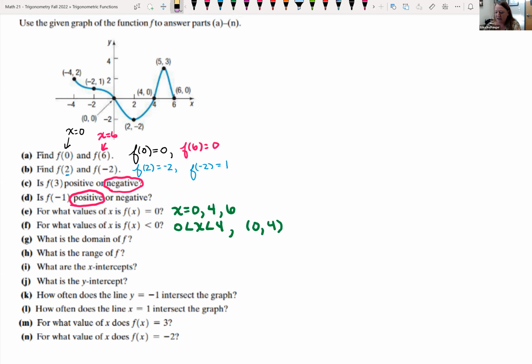And because the graph is continuous everywhere between x equals -4 and x equals 6, my domain is all those x values. I can write it as -4 is less than or equal to x is less than or equal to 6. Or in interval notation, we're starting at -4, including it, so we have a bracket, -4, comma, 6.